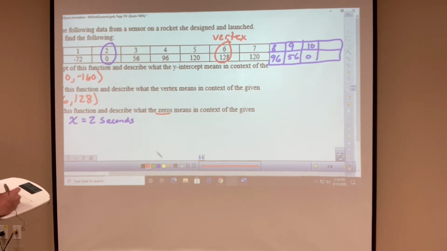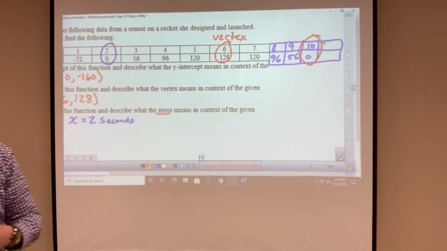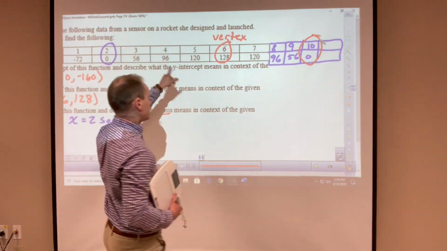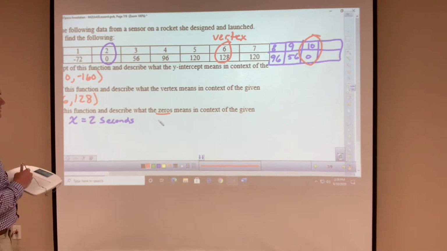So by extending the table to find the other point when y is 0, we find the other x-intercept. So it's at 2 seconds and at 10 seconds.